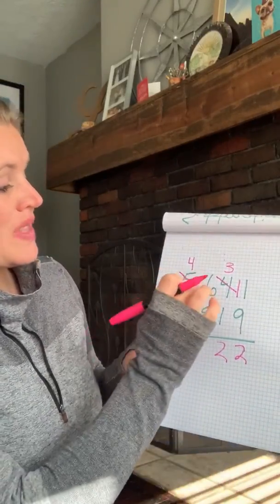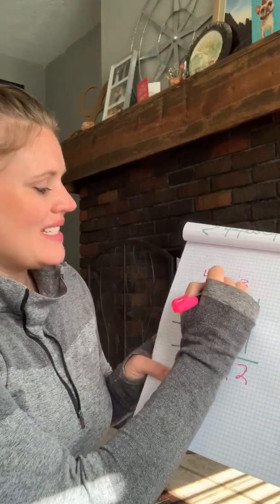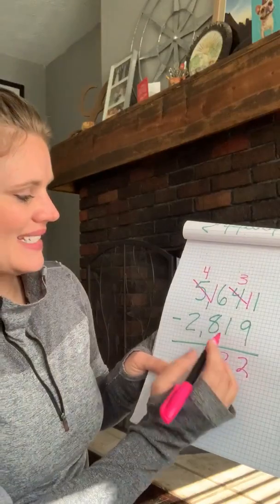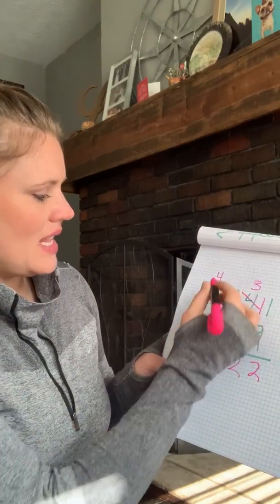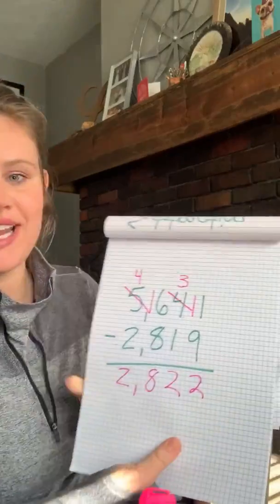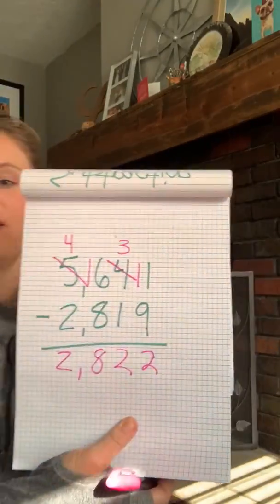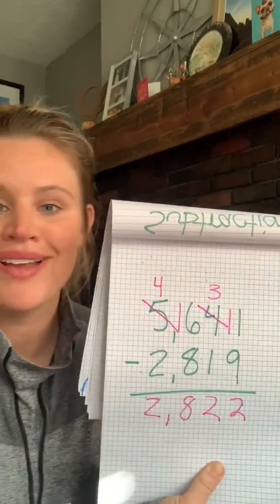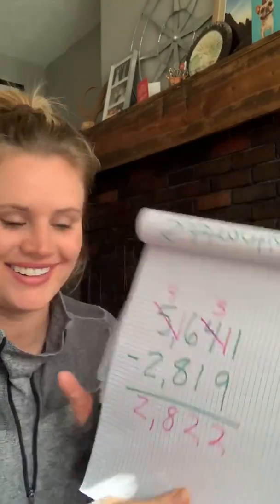And we're going to regroup the 600s as 1600s. 16 minus 8 is 8. And then 4 minus 2 is 2. Our correct answer for the second problem is 2,822.